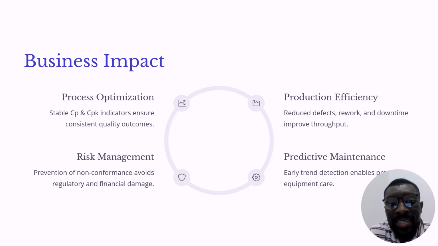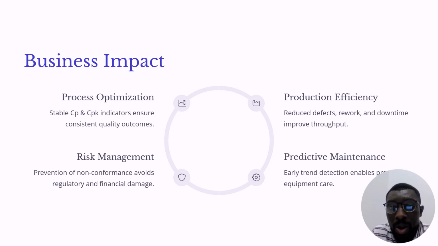We care about this because we're looking at the business impact. We want to optimize the process, to see how stable the Cp and Cpk indicators are, to ensure consistency in the quality of the outcome, and also for looking at the production efficiency.